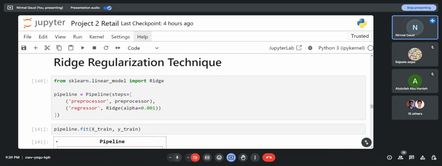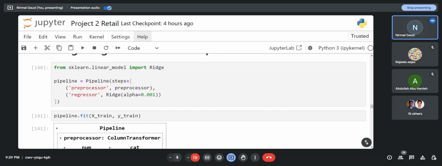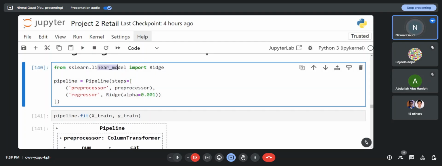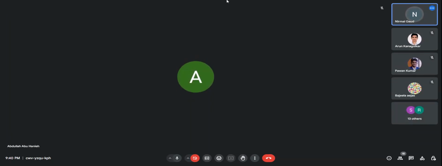That's also a part of a linear model, like linear regression, however it's a kind of a penalty. Okay, let me share my entire screen now and talk more about it.